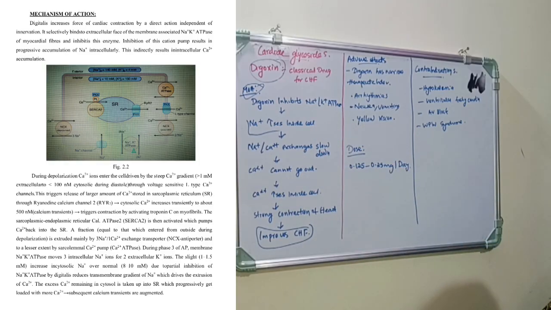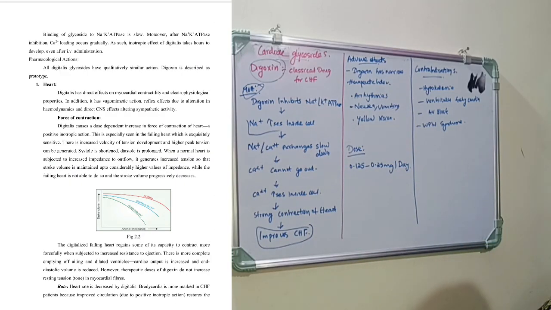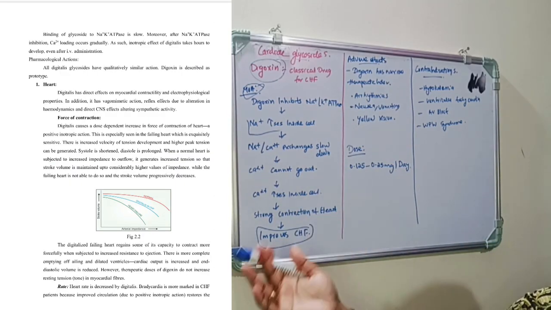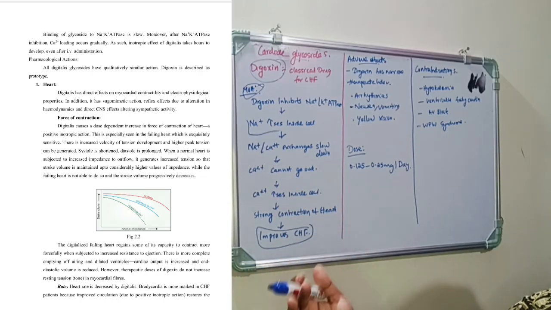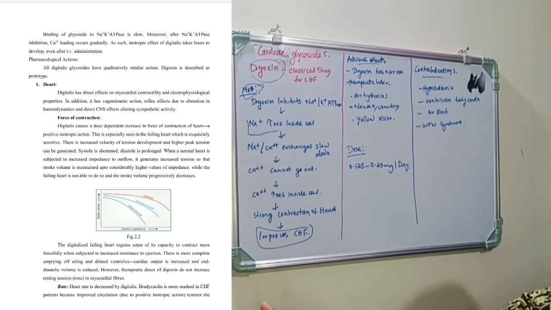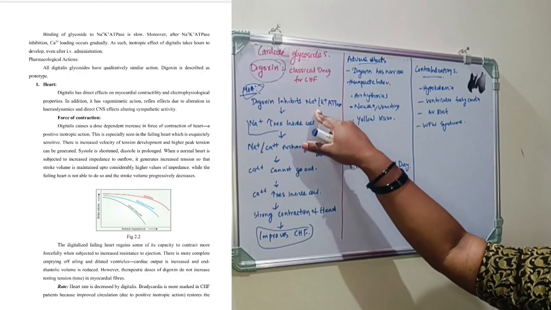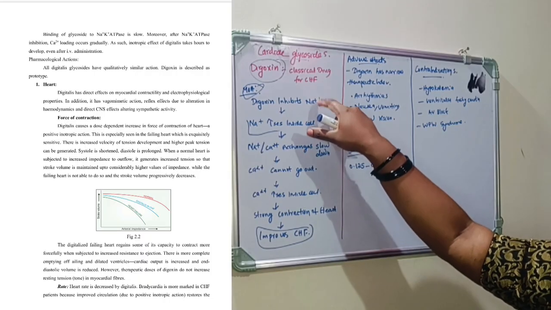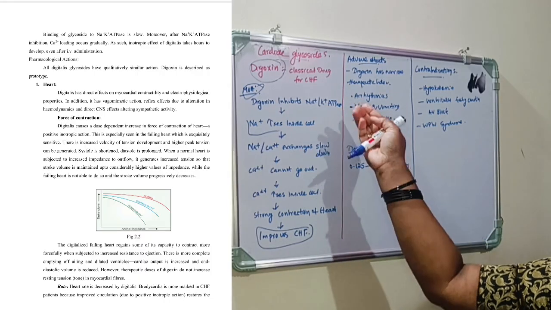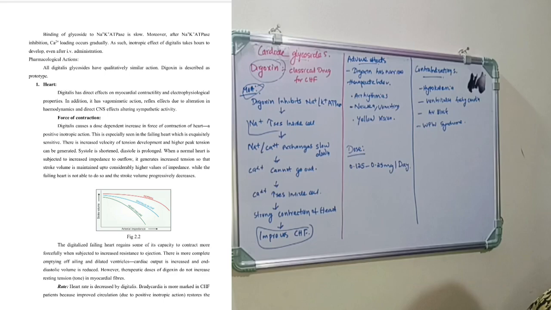Normally your heart cells have a pump that we call the sodium plus potassium ATPase pump. Its role is that sodium goes out and potassium comes inside.